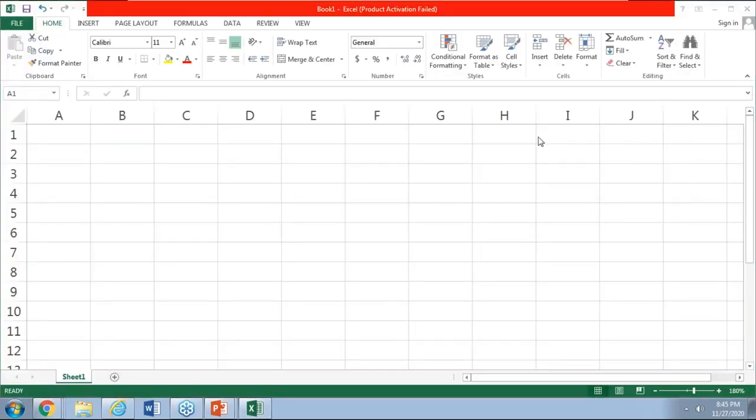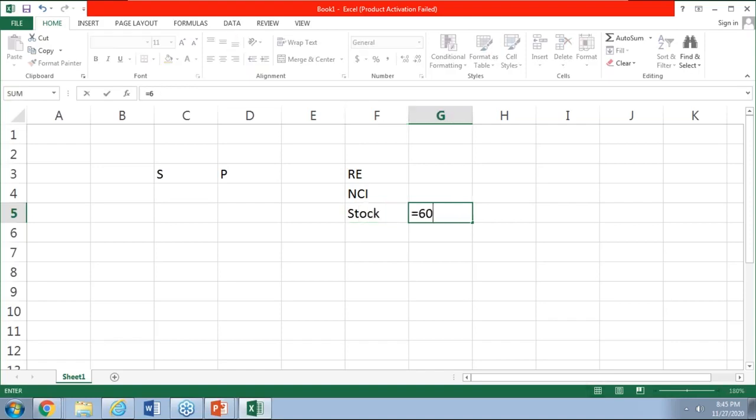If you remember the point that we have discussed about the accounting entries in the last class, we discussed that if the subsidiary companies have sold goods to the parent company, the accounting entry will be retained earnings debit, NCI debit, and stock credit. So in this situation, 6,000 is the amount of the unrealized profit.